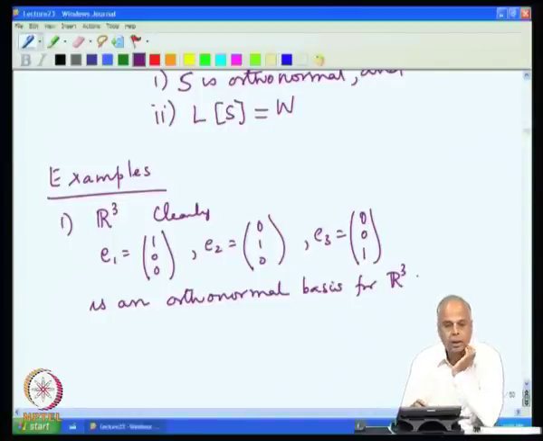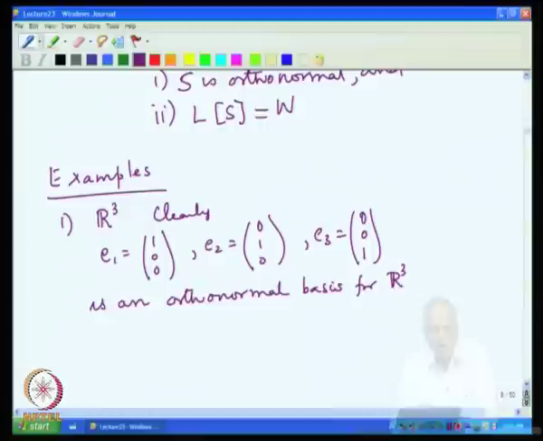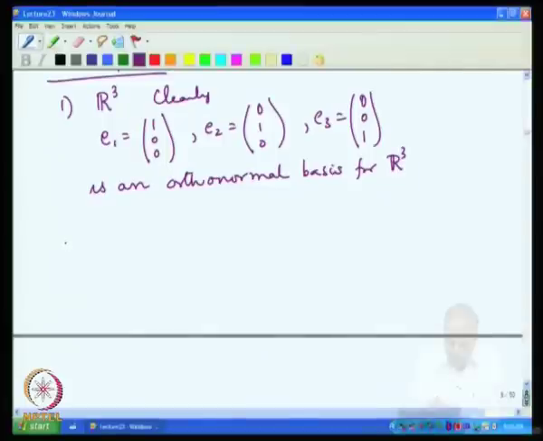Why is it? We know clearly that these are orthogonal to each other, because the dot product of any one of them with the other is 0, and each one of them has length 1, and any vector x 1, x 2, x 3 in R 3 is obviously x 1 times E 1 plus x 2 times E 2 plus x 3 times E 3. So, this spans R 3. So, this is orthonormal and spans, and therefore, it is a basis. This is the simplest example.